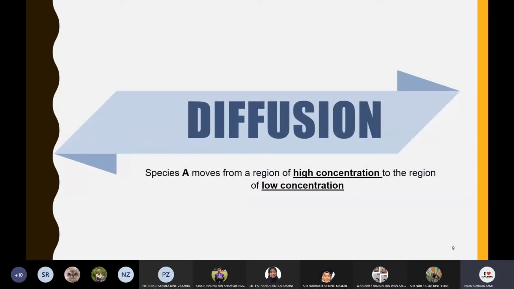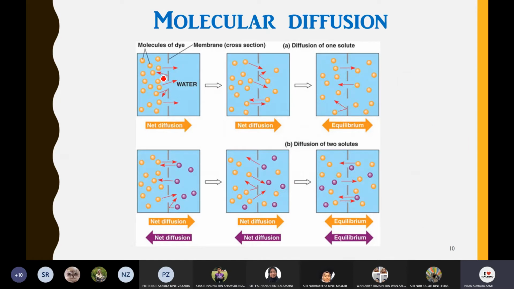So we move on to diffusion. Okay, what is diffusion? Diffuse means species A, for example, will move from a region of high concentration to the region of low concentration. So from one point to second point, high concentration to low concentration. For example, you have an orange molecule.